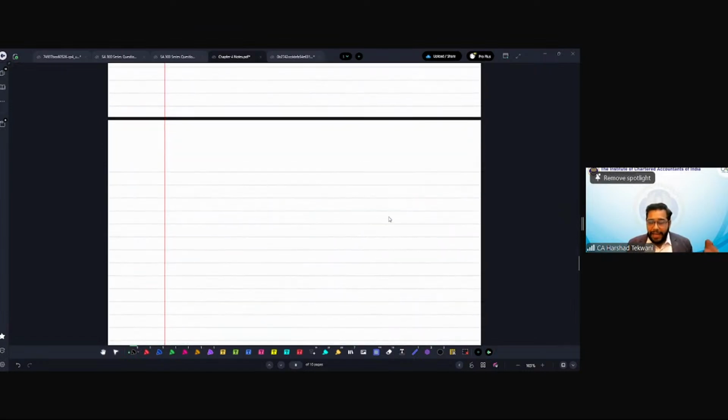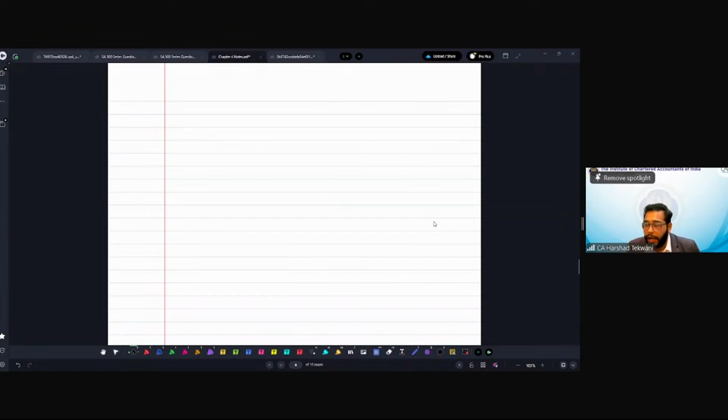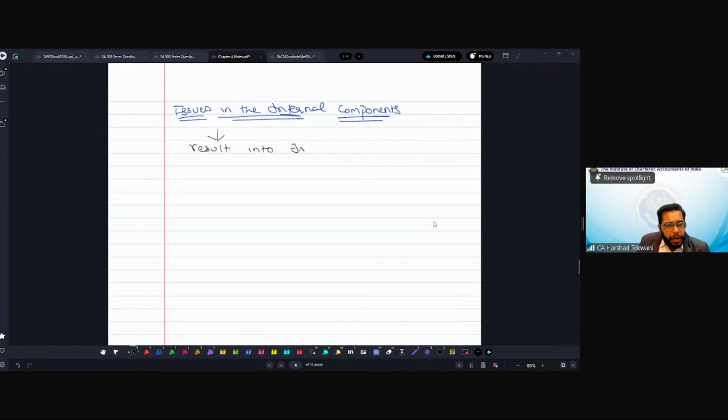So if you identify any issue in the internal control components, that would result directly in an internal control deficiency. Simple. There's a deficiency in the internal control.